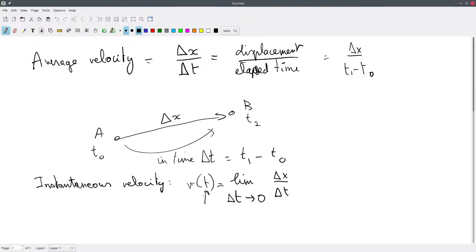Now, this is something that applies at a single point in time. And as you know from calculus, this is nothing else than the definition of d/dt of the position, the position as a function of time. So the first derivative of the function of position versus time is going to give us the instantaneous velocity.